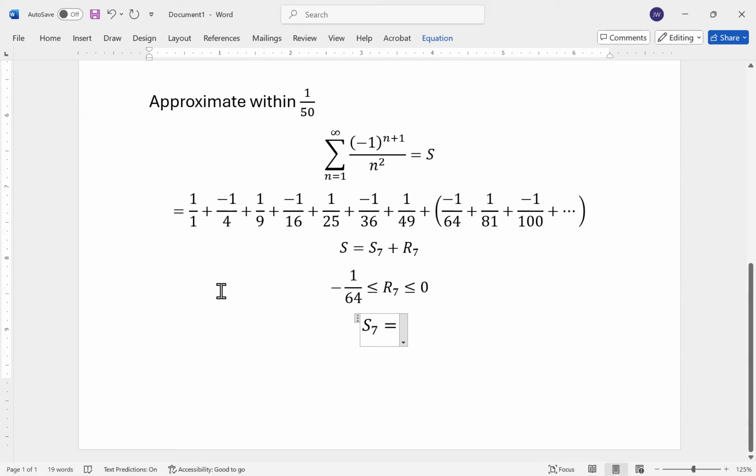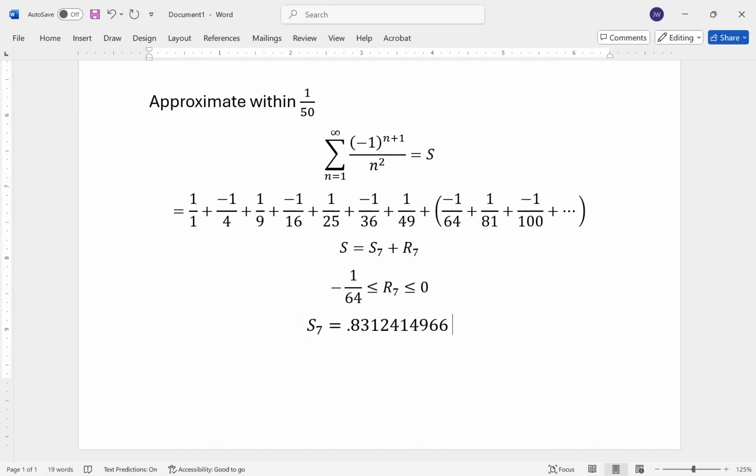And let's go ahead and add that. 1 over 1 minus a 4th plus a 9th minus a 16th plus 1 over 25 minus 1 over 36 plus 1 over 49. That becomes, again, a really ugly decimal. I'll write it out as a decimal instead of a fraction this time, and I'll go out quite a few decimal spots, whatever my calculator gives me.